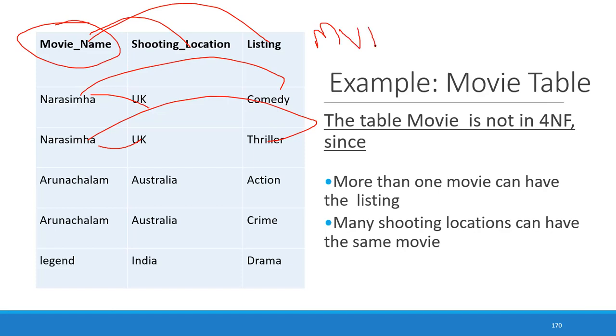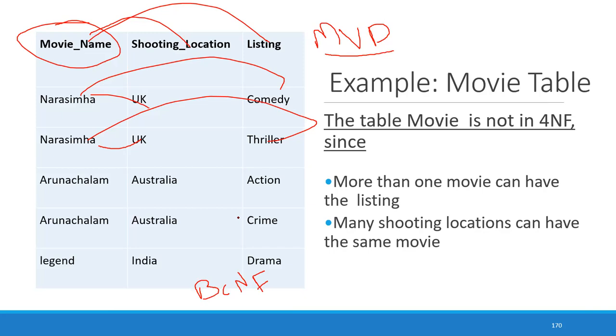There is a multi-value dependency. Initially it is in BCNF, Boyce-Codd normal form. Now we find there is a multi-value dependency, so we have to avoid it by decomposing this table into two smaller tables.